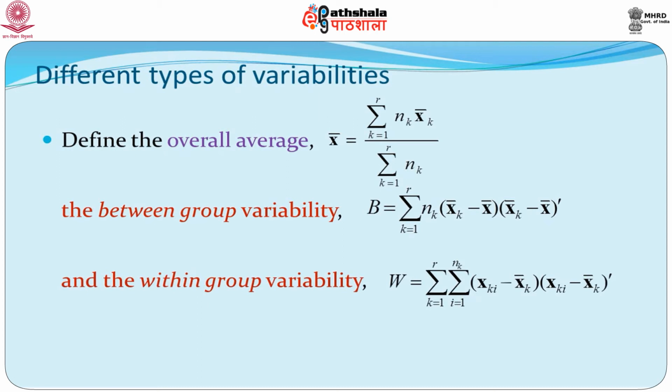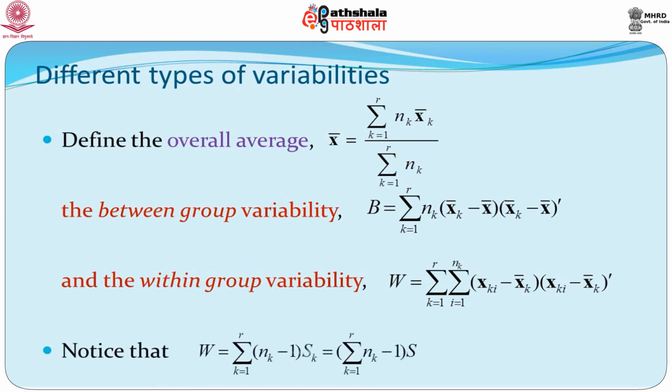So, we have each group's within group variability, and then we add up the within group variability for all the r groups to get W. Notice that W can be written in terms of the dispersions of each of these groups, or it can even be written in terms of the pooled variance S. So, you can write W in any of the three forms.